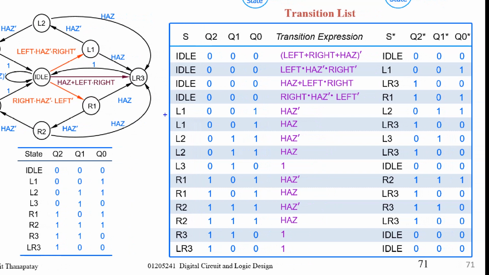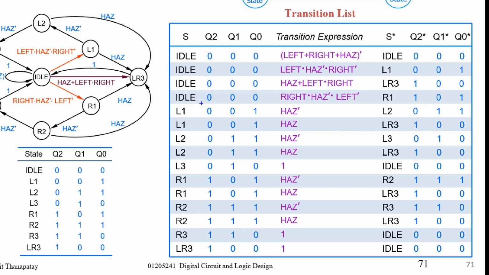After that, you just note the binary code for each state name. For this example, I just write it near the name of the corresponding state.